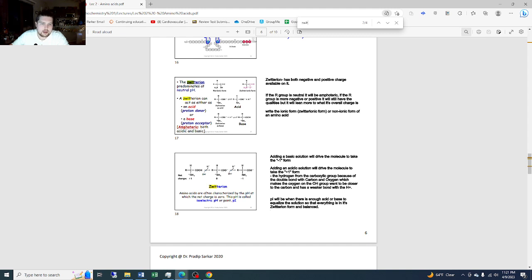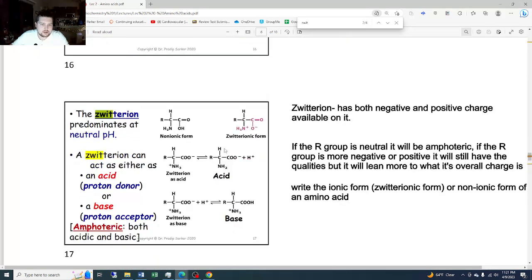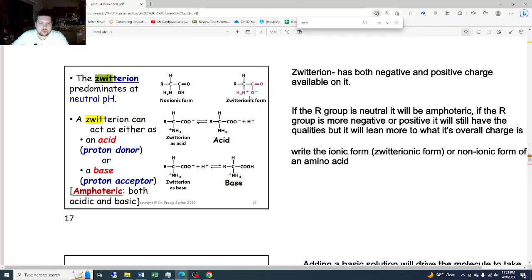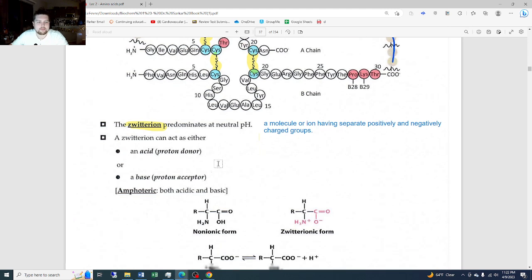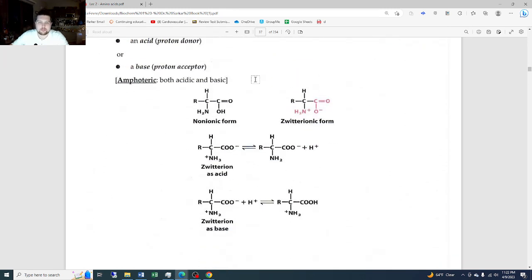So it's amphoteric, which is both acidic and basic, and he gives a couple of examples in here of its ionic form, where, see in this case, it bumped off that H, the hydrogen, and gave it back to the amine group. So now again, it can either accept or it can drop off the hydrogen ion. Yeah, and here's the same thing.